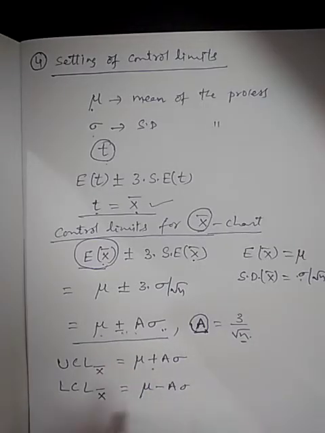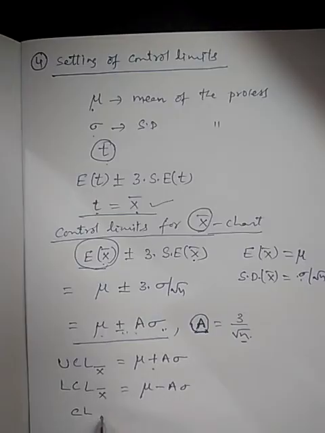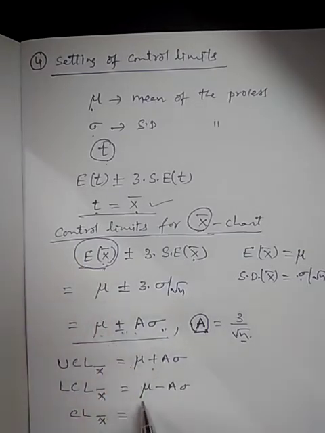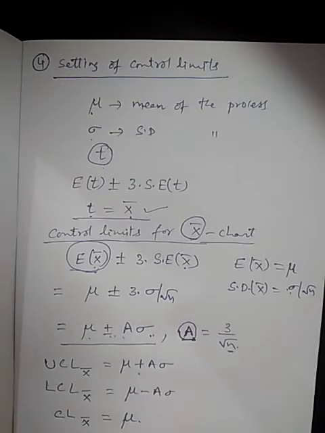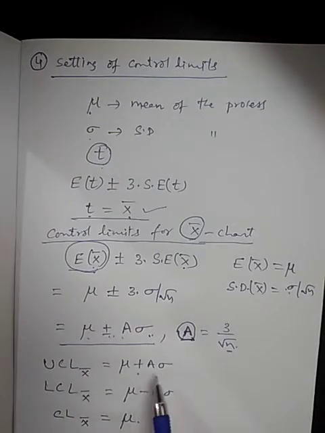These two are the control limits. Now the central line, remember, is not a control limit. It is the expectation of X bar, which is mu. So the control limits for the X bar chart in the usual notation are: UCL is mu plus A sigma, LCL is mu minus A sigma, and CL is mu.